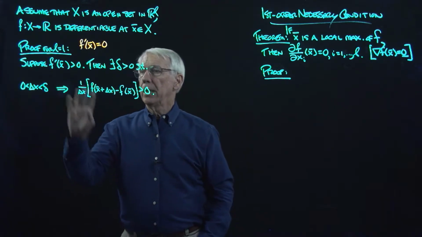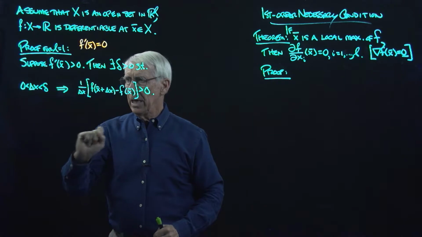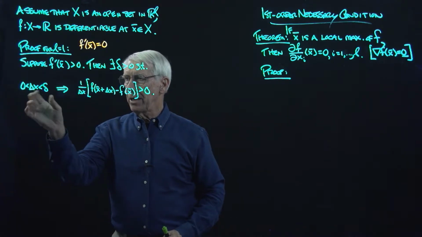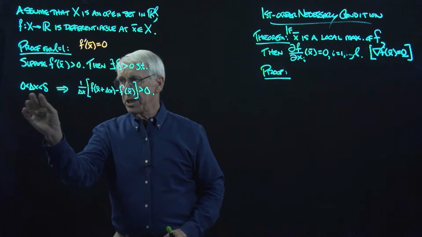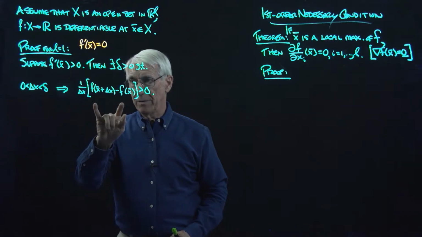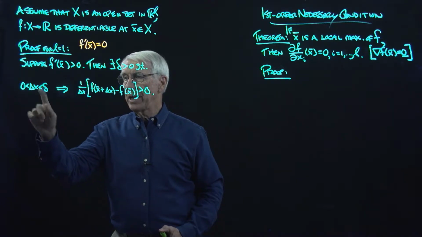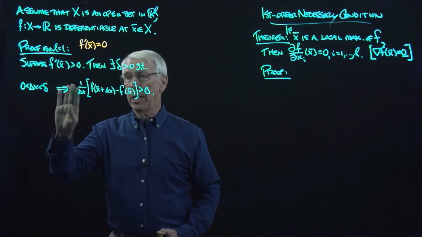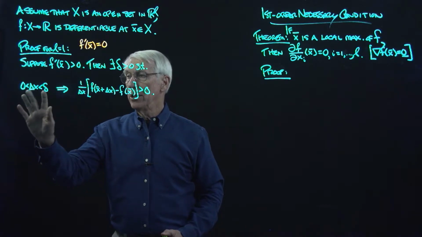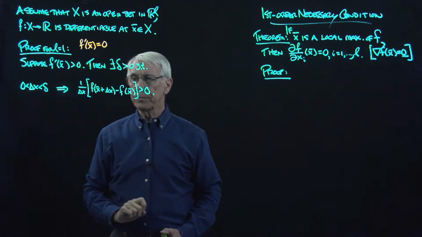So again, given that the limit of this as delta x goes to 0 is positive, then it's got to be the case that if delta x gets sufficiently close to 0, this will be positive. And in fact, this is the case for delta x less than 0 too, but I'm leaving that aside for now. So certainly for the delta x's that are positive, this is so.